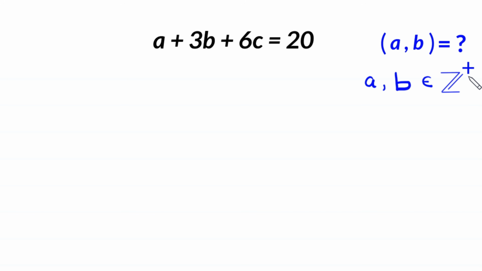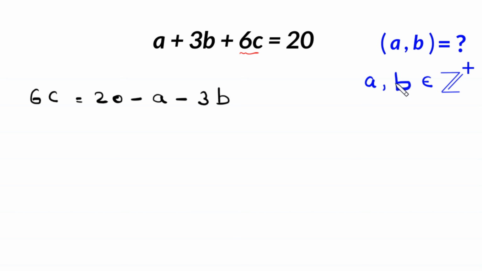First we minimize this variable c with the largest coefficient 6. So we isolate this 6c. This will become 6 times c equal to 20 minus a minus 3 times b.